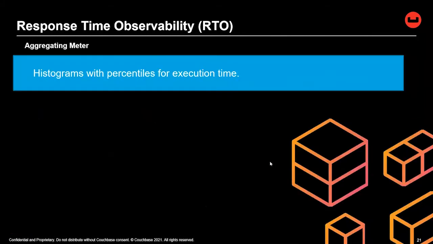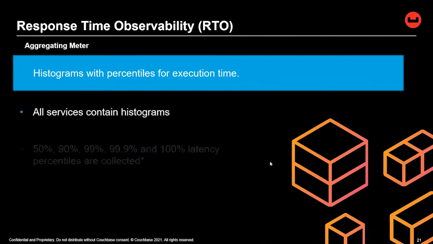The aggregating meter is a histogram which shows percentiles for execution time. All our services are instrumented with histograms. These histograms capture the latency of an operation, meaning the request is sent and the response is received, and it's that time span that we capture.